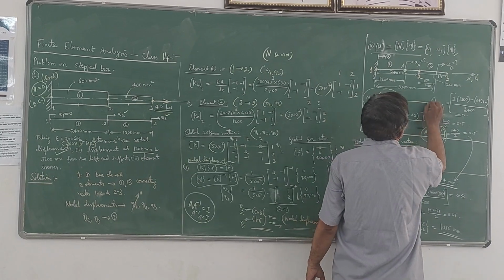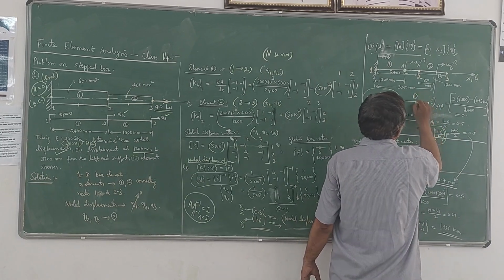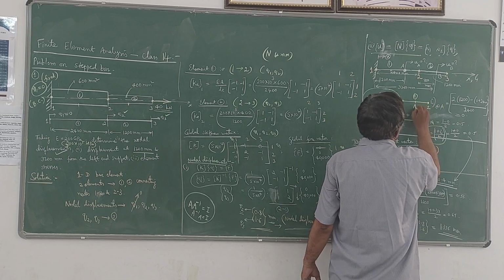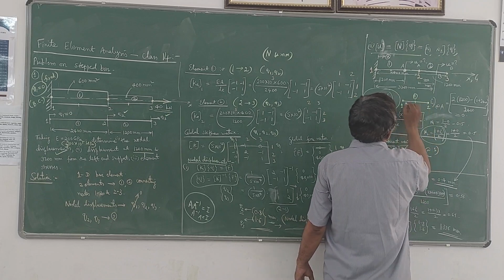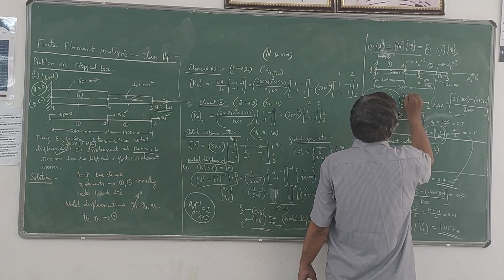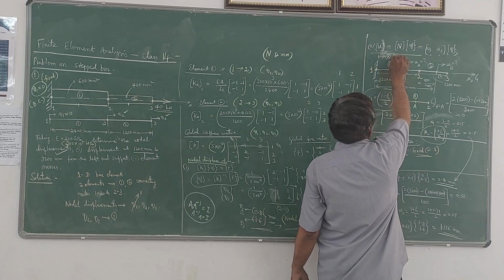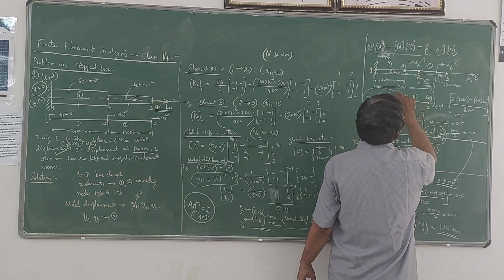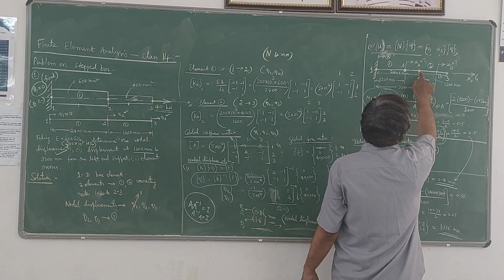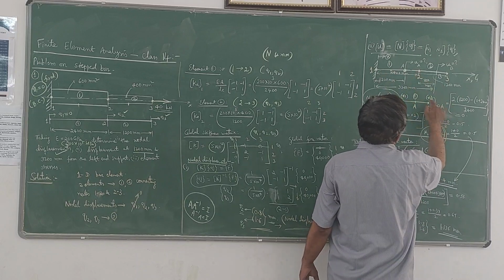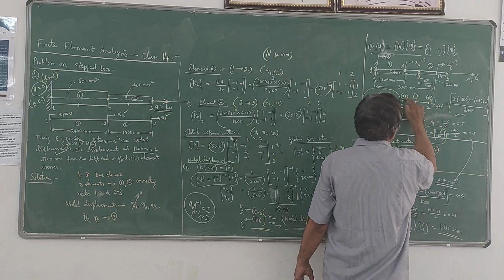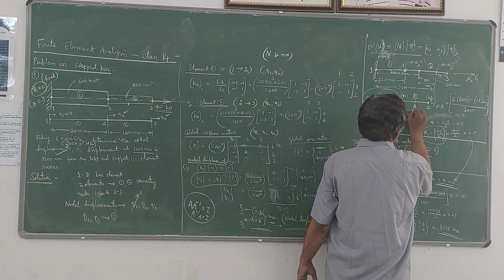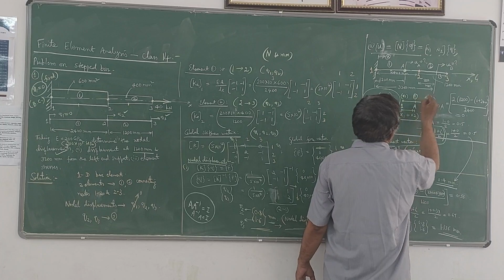This is the first element. In this, point A is here. x1 is 0 because x is measured from this end. The value of x2 is 2400 mm, 0 is x1, and x is this value. At what point you need the displacement, that is x, that is 1200.